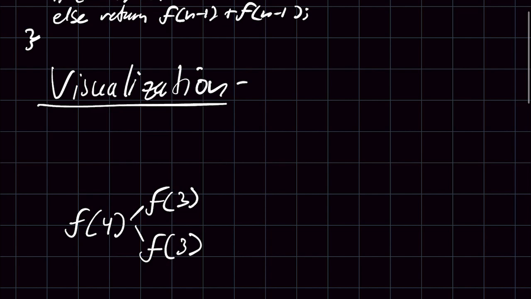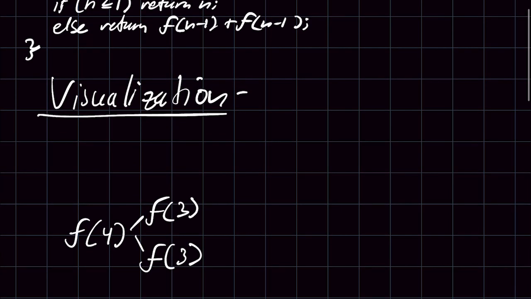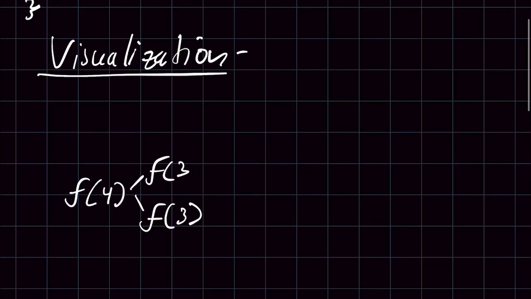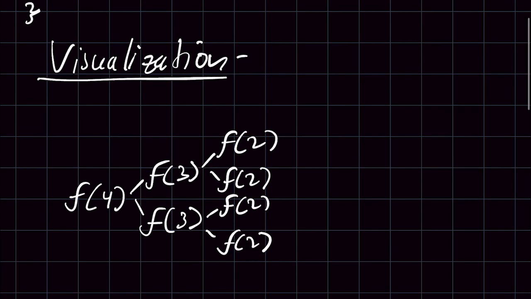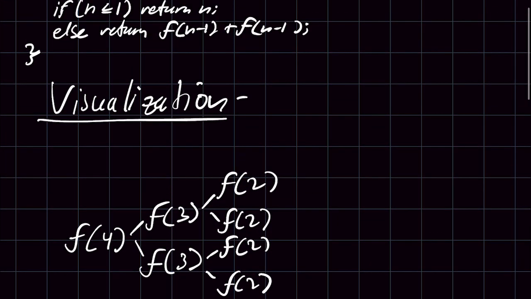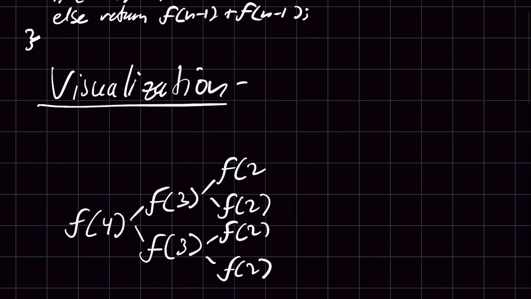Each of these is not less than or equal to 1, and so they are going to pass f of 2. And that's going to happen 4 times because each of them are going to call 2 functions each. Now each of these is also not less than or equal to 1. So each of these is going to call 2, and I'm not going to write that out.